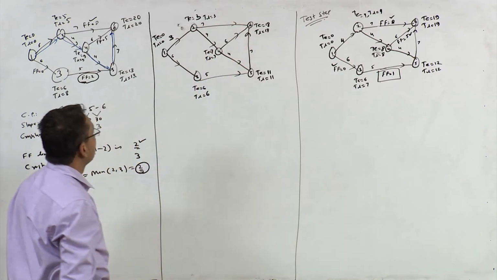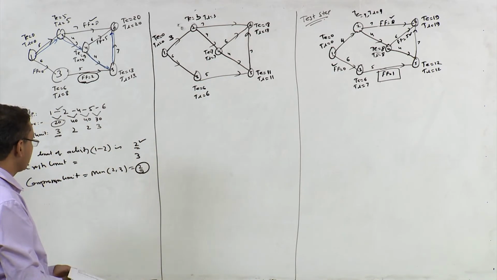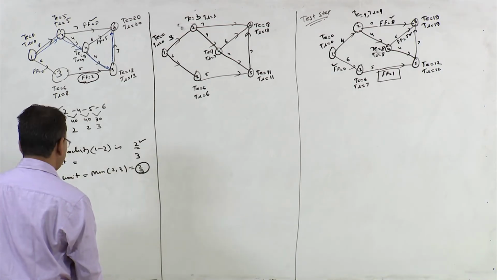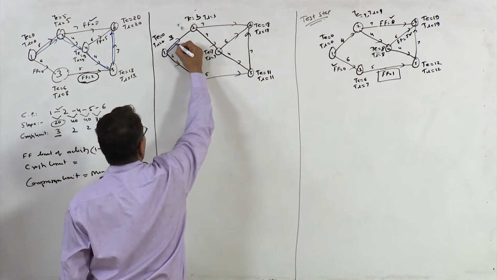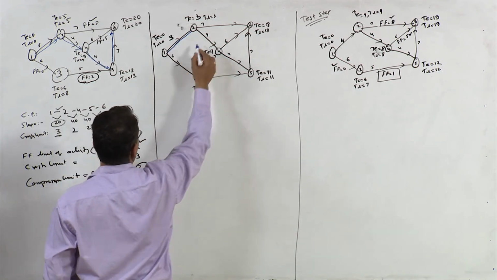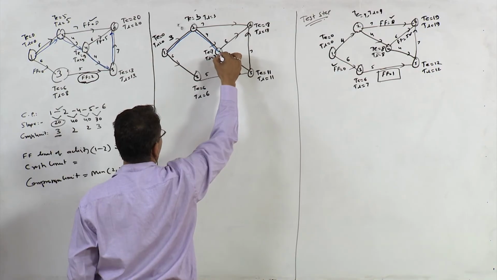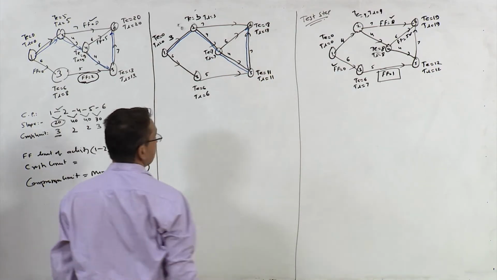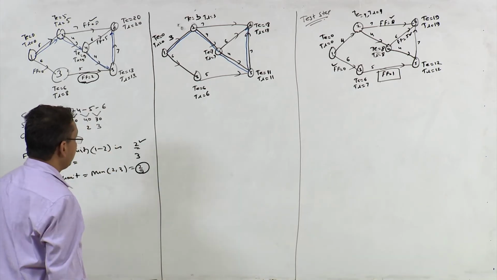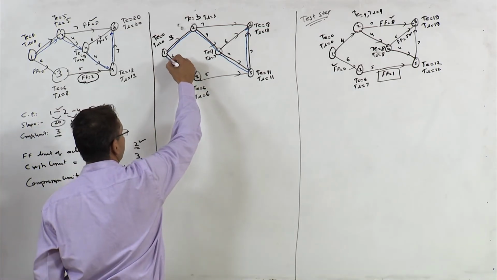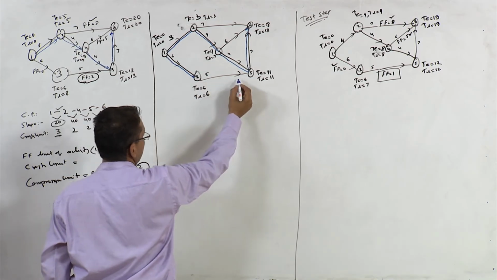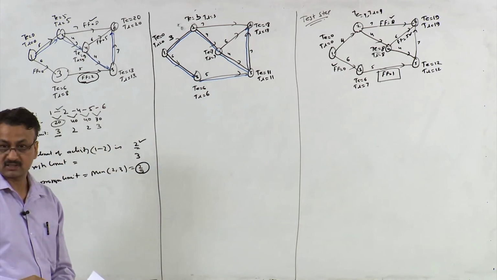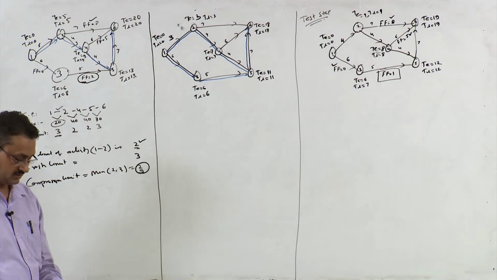So which are now the critical activities? The critical activities are 1 to 2, 2 to 4, 4 to 5 and 5 to 6. This is the first critical path, and we are getting one more critical path, which is this. So now we have got 2 critical paths.